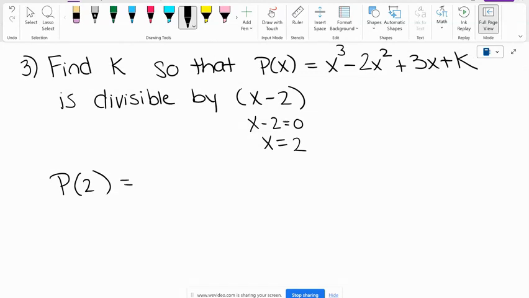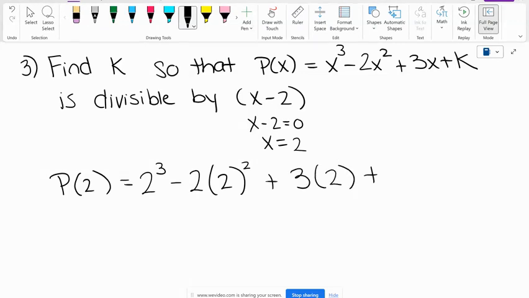And when I plug in p of 2, I'm going to get 2 to the third power minus 2 times 2 to the second power plus 3 times 2 plus k. So now let's simplify this down.